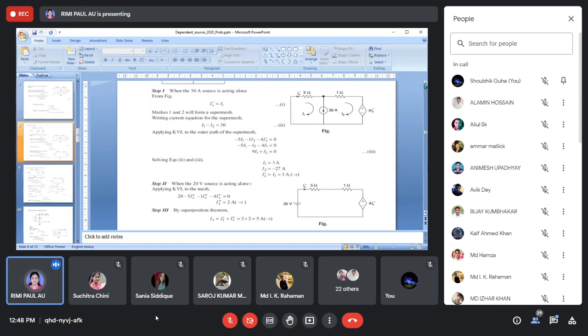I think you have got my point. So you can apply superposition theorem, you will also get the 5 ampere, but you have to solve this problem in 2 steps. But if you use nodal method, then you will solve this problem in 1 step. That is the difference.